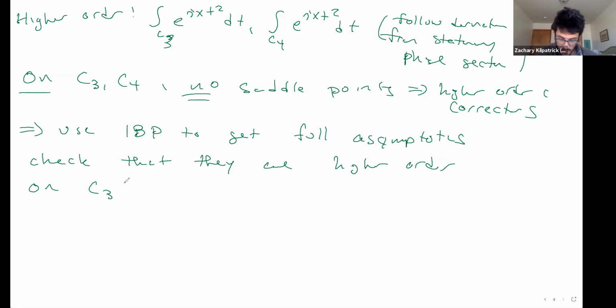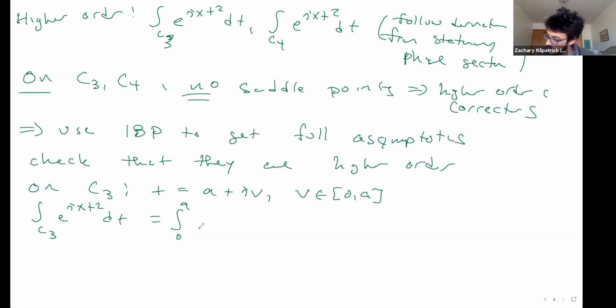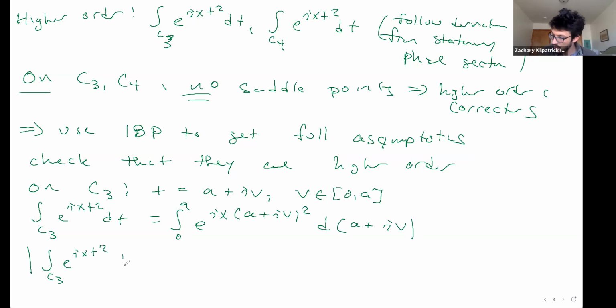So in this case, on C3, if we look at t equals a plus iv, where v goes from 0 to a, then the integral over C3 of e to the i x t squared dt is equal to the integral from 0 to a of e to the i x (a plus iv) quantity squared, integrated with respect to a plus iv. I can show that they're higher order by taking the magnitude of this integral and bounding it from above.